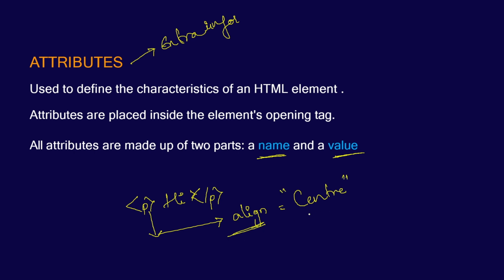This is the name and this is the value. So an attribute always comes as a name and value pair, and it is always written in the opening tag of an element. It is certain extra information for that particular element, or you can also say that it is the characteristic used to define an HTML element.